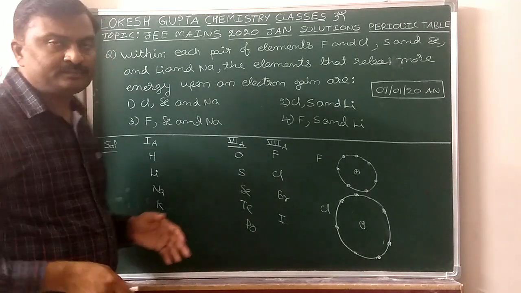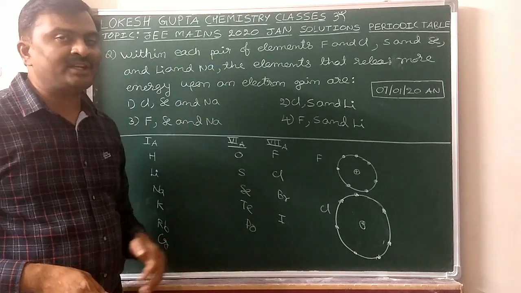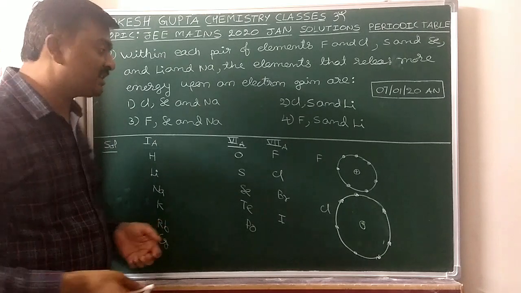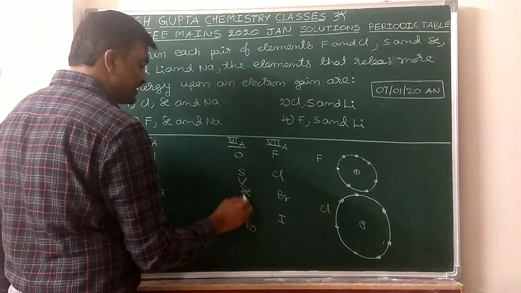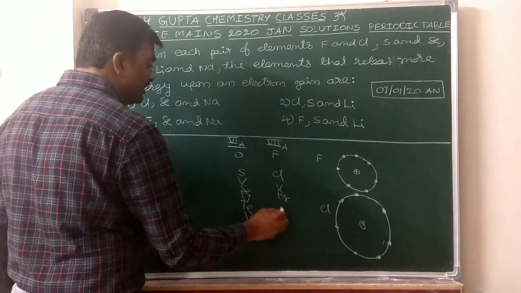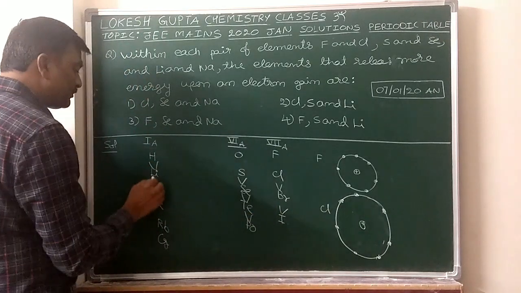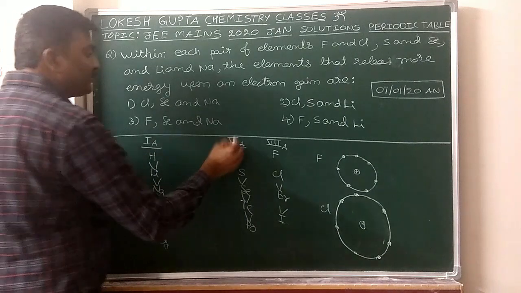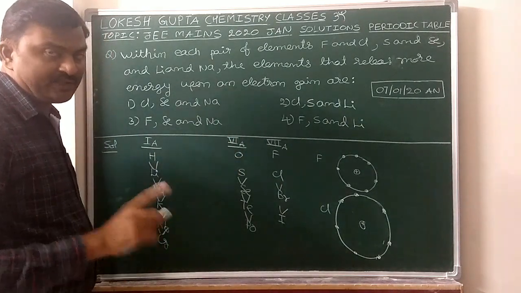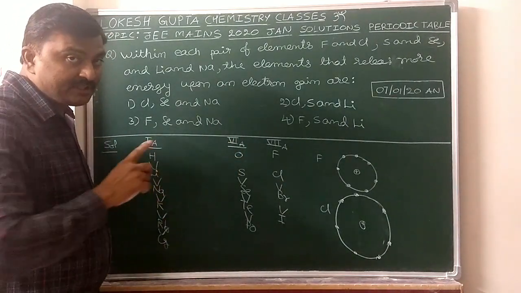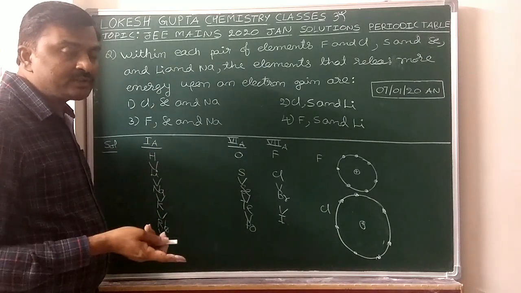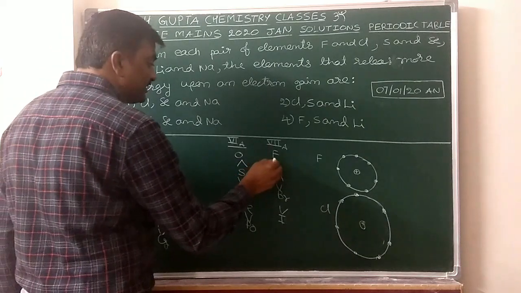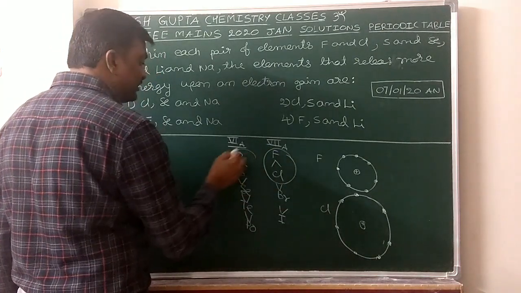Now we know that down the group atomic radius increases, as a result electron gain enthalpy has to decrease. But see, except in the 1A group, in the remaining groups of s and p block, the electron affinity of the first element is less than that of the second element.